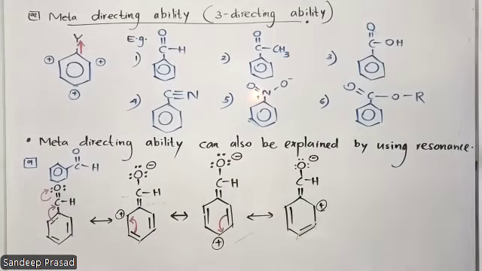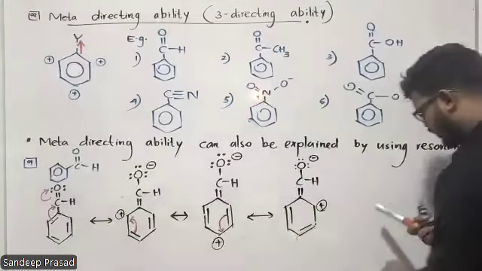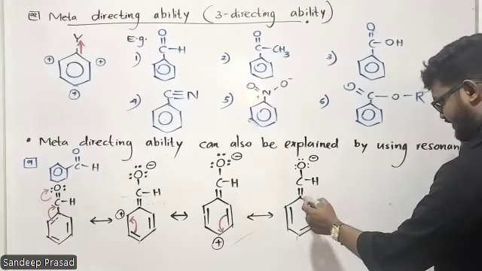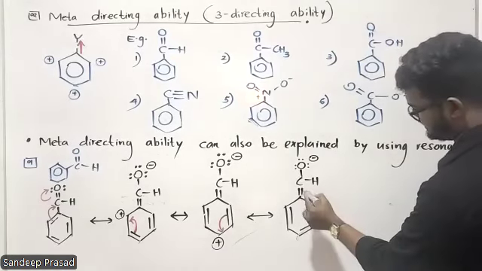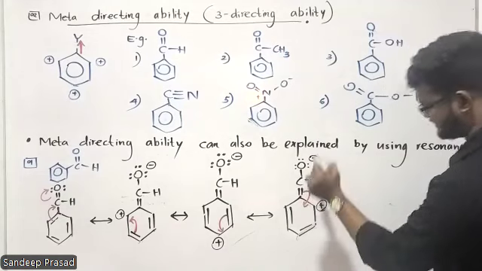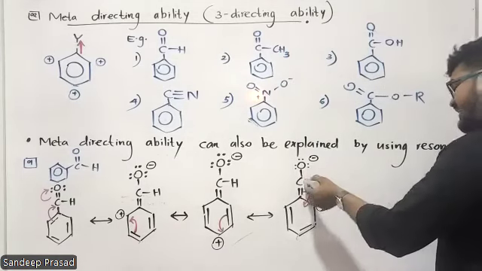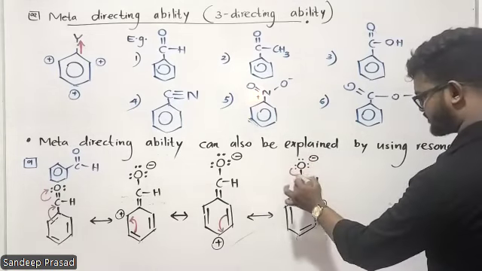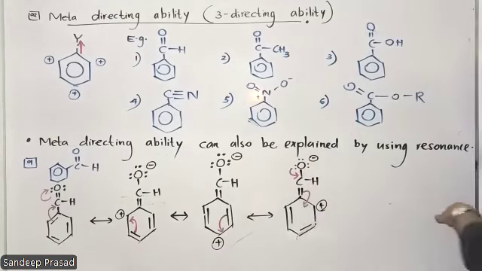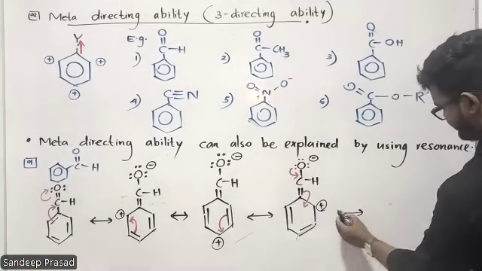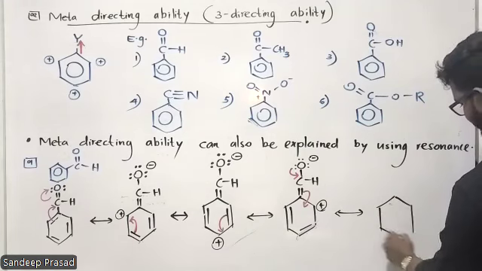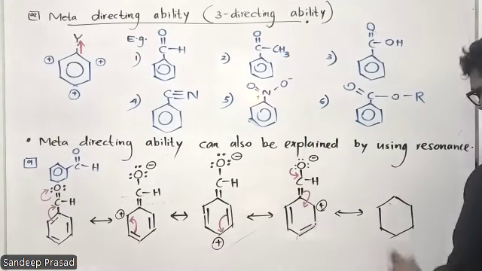Now again, in order to complete the electron deficiency in here, this bond is breaking and giving electrons to here. Then again, carbon has to satisfy the octet, taking the electrons from the oxygen atom and making the oxygen double bond. Right? Breaking, making. That's what will happen in the resonance, right?